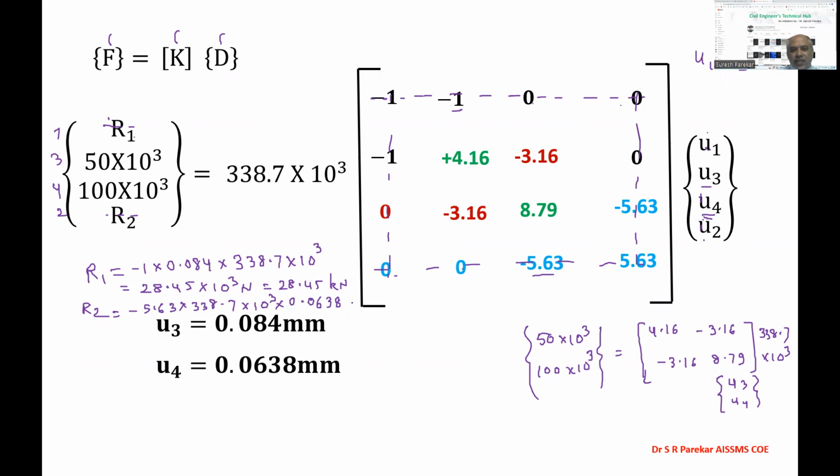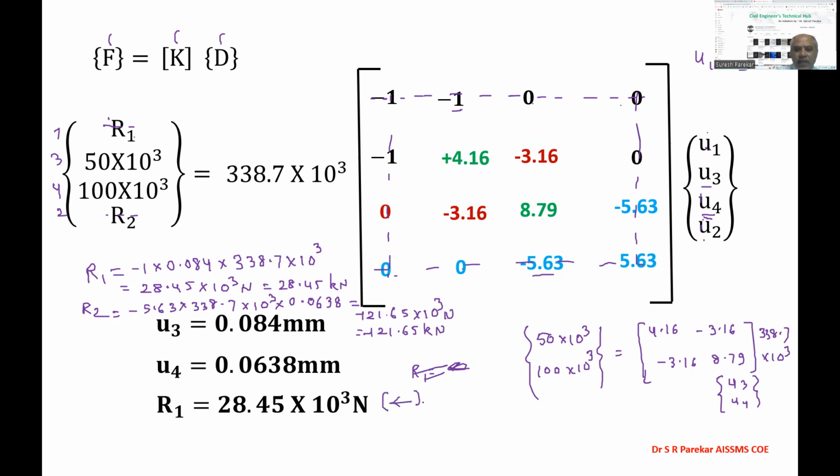And if you solve this, you will get 121.65 into 10 raised to 3 Newton, that is 121.65 kilonewton with minus sign. The minus sign shows that we have this R1 in the opposite direction. So I can write over here, you can see this R1 28.45, but the direction will be here. R2 121.65 will be here.